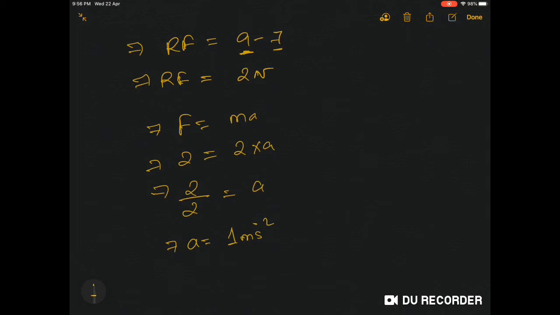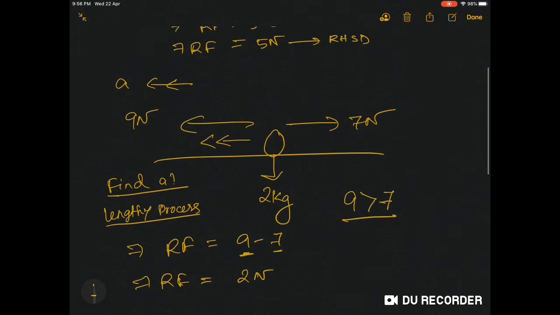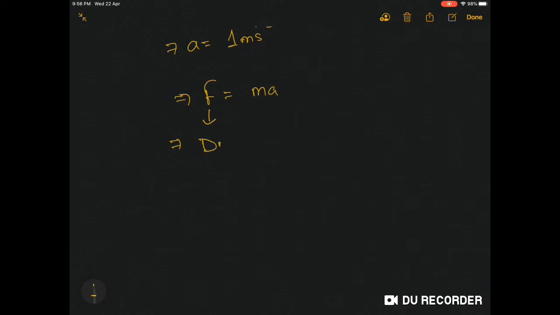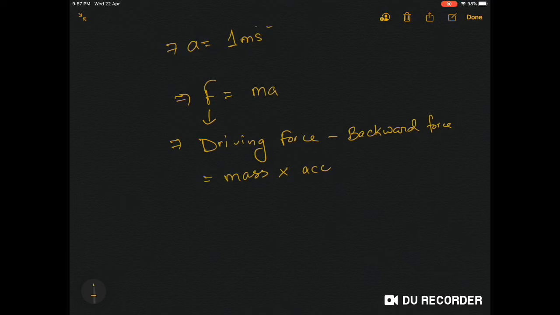All right, but let's say this is the lengthy process. Let's write down the formula F equals ma. Again, I can break down this formula as driving force minus backward force is equal to mass into acceleration.